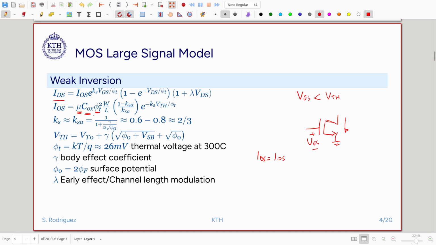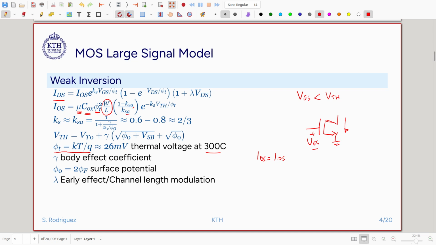Phi is a thermal voltage, that is kT divided by Q, around 25-26 millivolts at room temperature. It depends on the dimensions of the transistor, and it depends also on other parameters like the inversion coefficients.